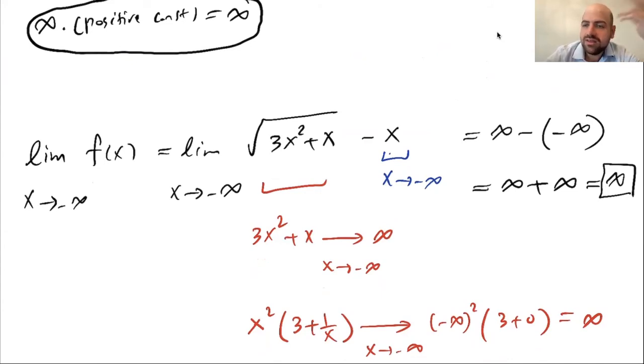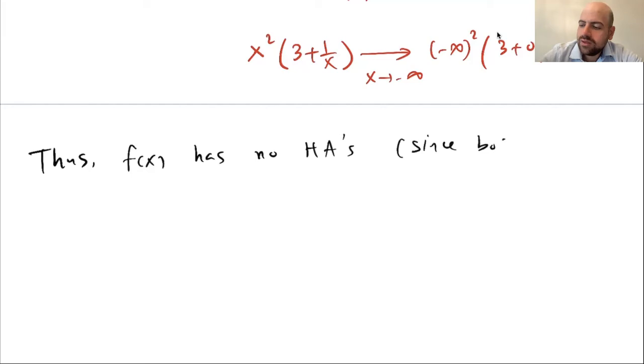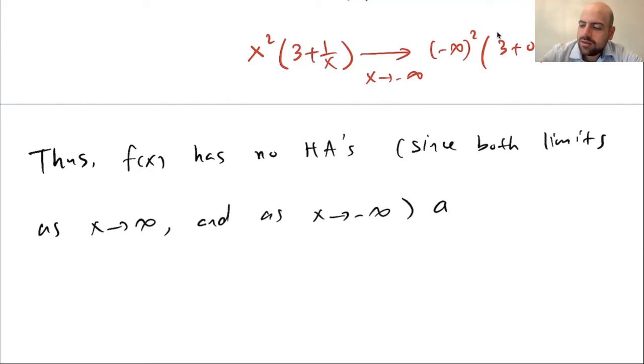If it's infinity, then we won't have any horizontal asymptote. So I can say that f of x has no horizontal asymptotes, since both limits, as x goes to infinity and as x goes to minus infinity, are infinity.